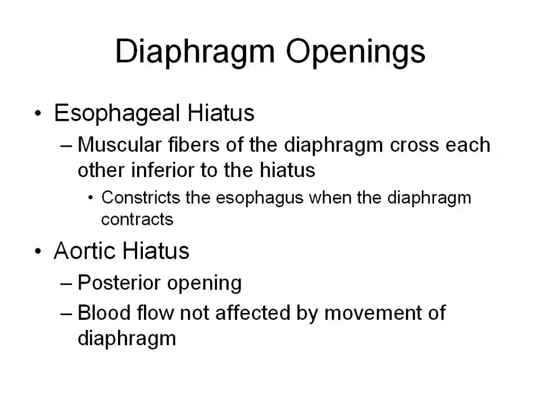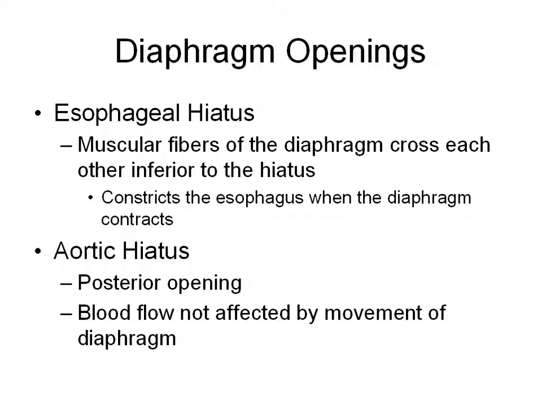The esophageal hiatus is for the esophagus. And when we look up at the bottom of the diaphragm, and I'll point this out on the picture again, muscular fibers from the diaphragm are crossing each other inferior to the esophageal hiatus. And this is one mechanism in a long line of mechanisms to make sure that you cannot eat and breathe at the same time.